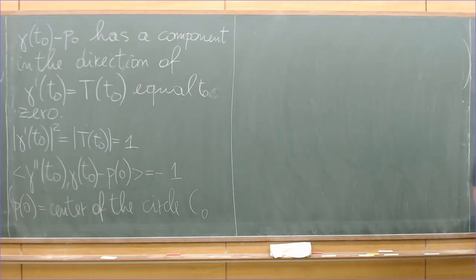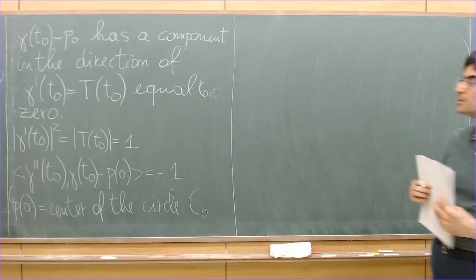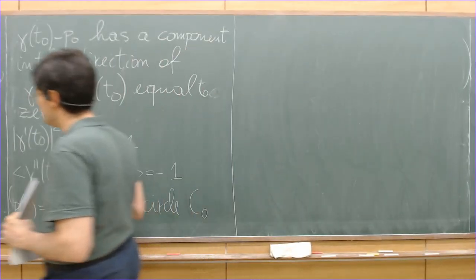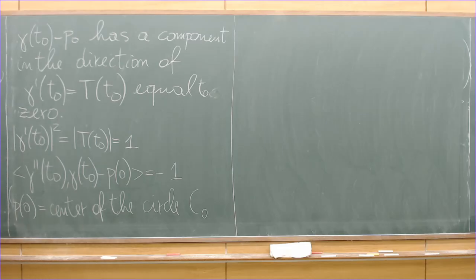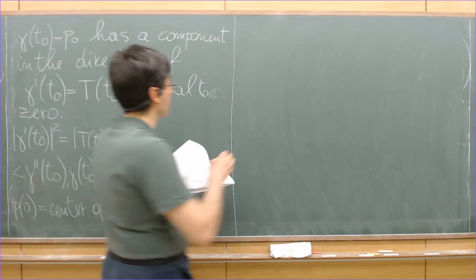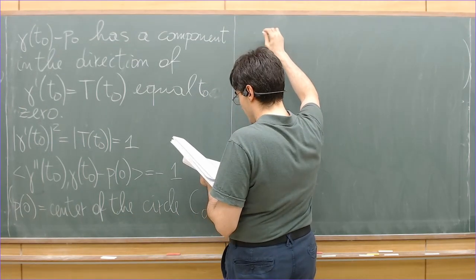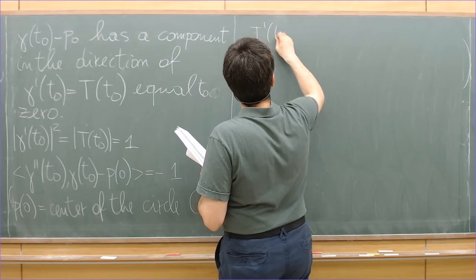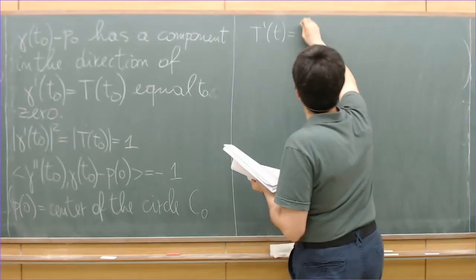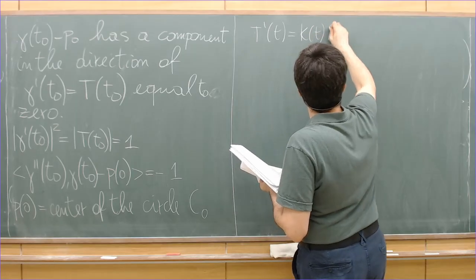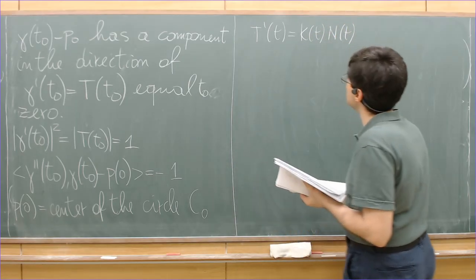Why? Because since the curve is unit speed, and as I wrote before, we have T prime of t equal k of t times N of t.